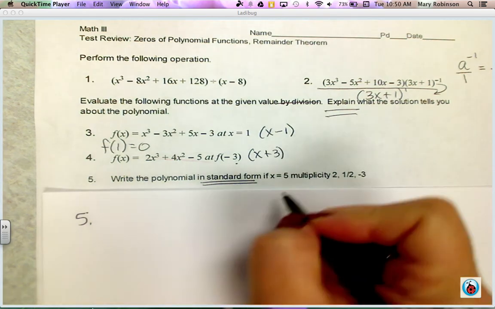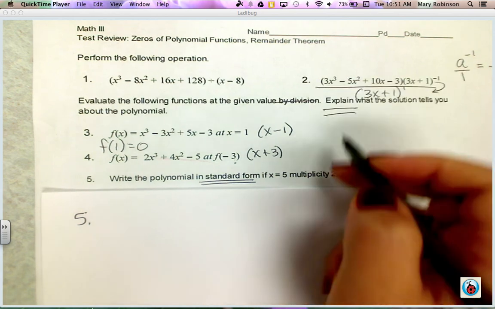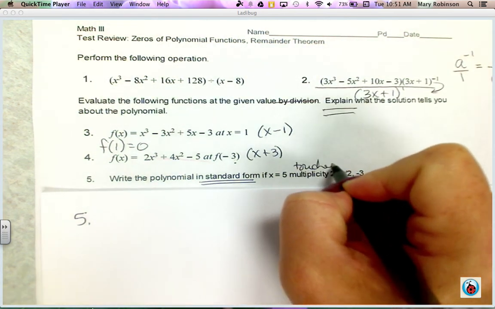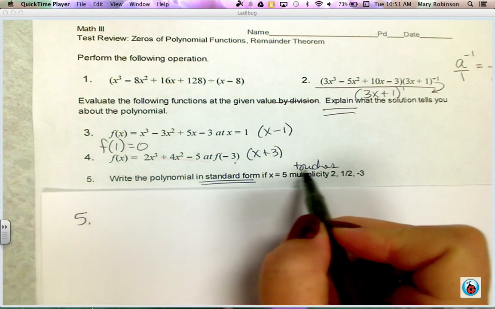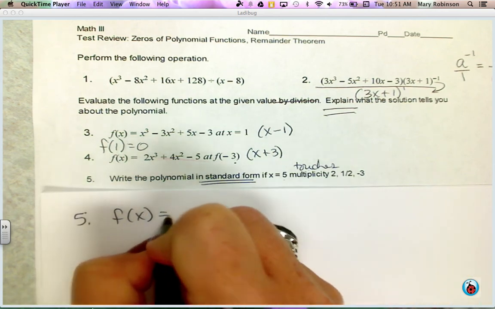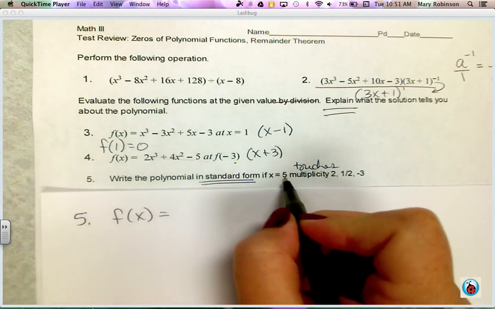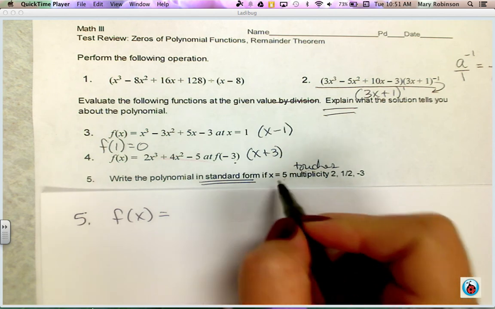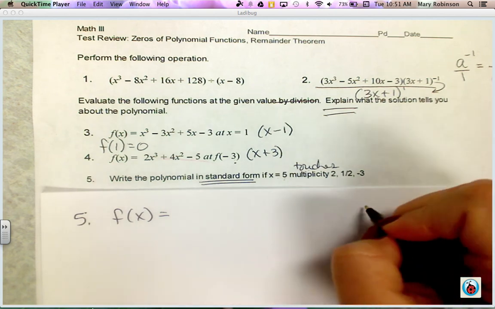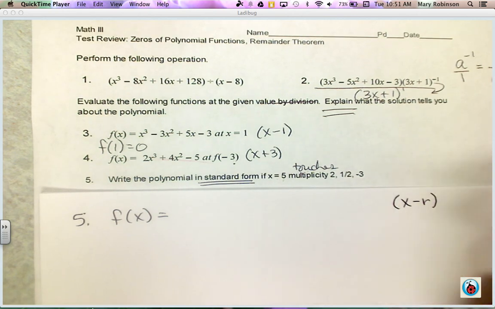So if I tell you that x has a multiplicity of 5, what we know is that it touches, the graph of this polynomial function will touch at 5 on the x-axis. So that means we start off our polynomial function with f of x always, and if our 0 is x equals 5, then that means we need to remember to write the factor in the form x minus our root, or 0.